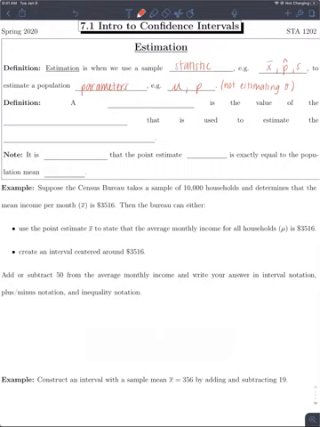There are some definitions that I need to tell you before we can actually start estimating these things. What we do is we start out by using something called a point estimate.